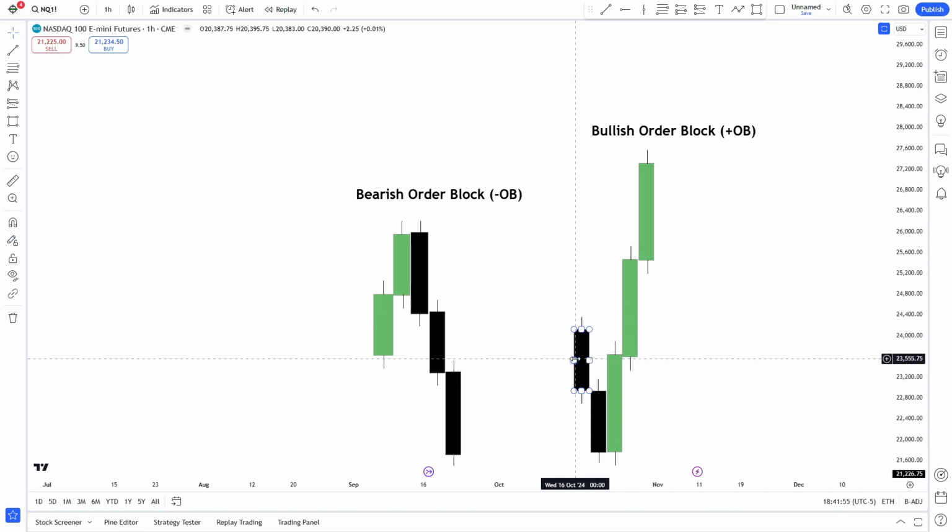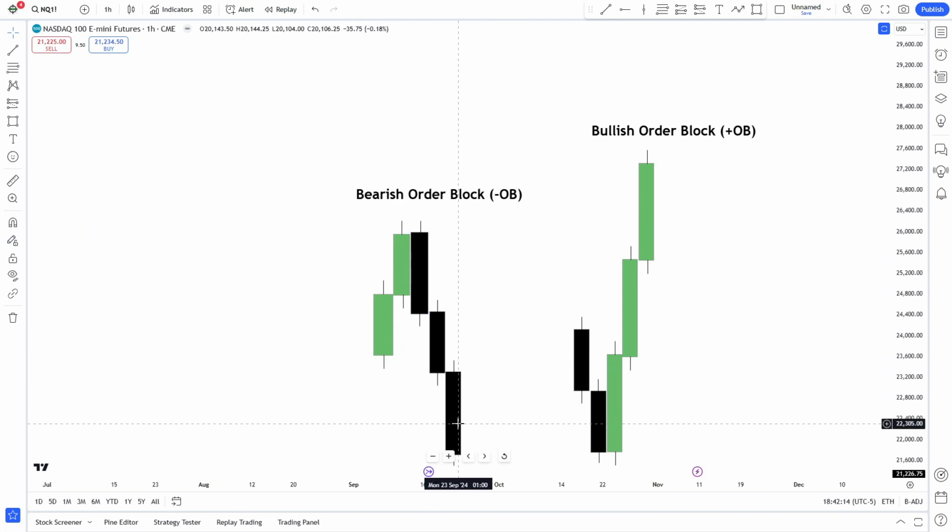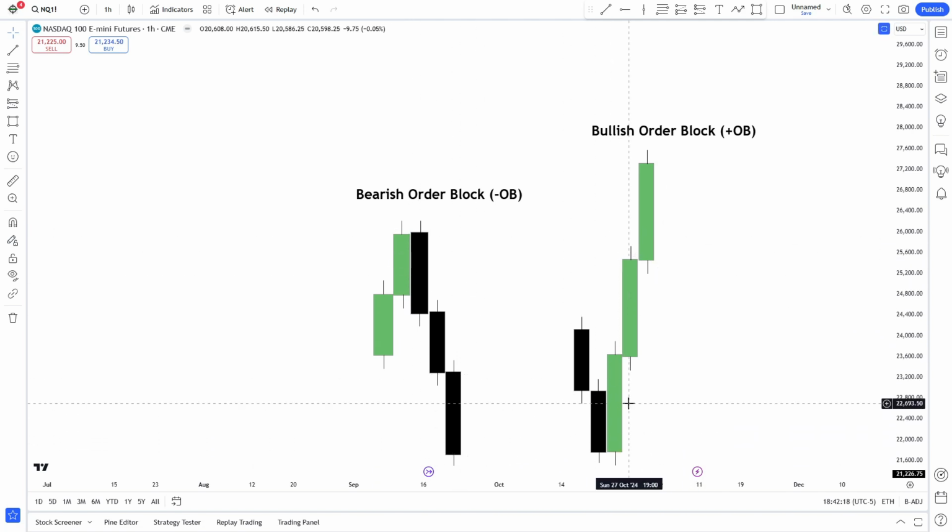It can be more than two, or it can be a singular down close candle, or here it can be a single up close candle, right? So the main takeaway here is it's a series or single of up close candles or down close candles followed by an impulsive displacement either to the downside or to the upside.